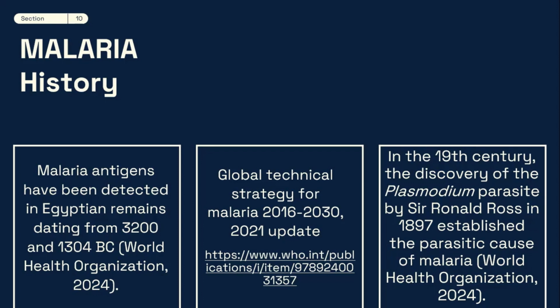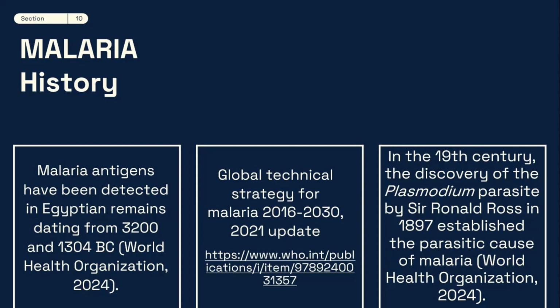In the 19th century, the discovery of the Plasmodium parasite by Sir Ronald Ross in 1897 established the parasitic cause of malaria. Up until this point, it wasn't really known what was causing the symptoms people were experiencing. This breakthrough led to the development of anti-malarial treatments and preventative measures.